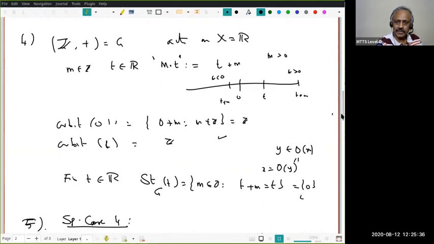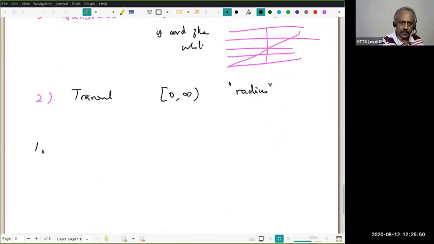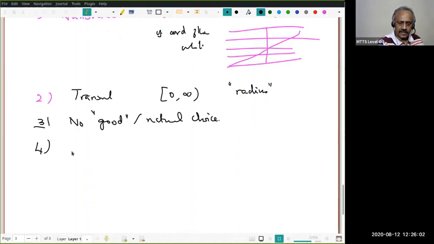From each of these orbits, I have to choose a unique representative. Let's look at example 4. Suppose t is a real number, then the orbit consists of t plus m, where m is an integer.